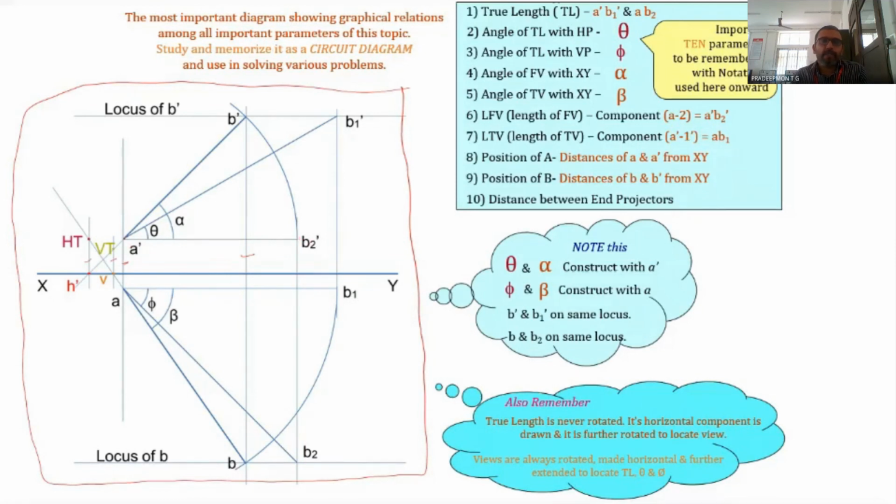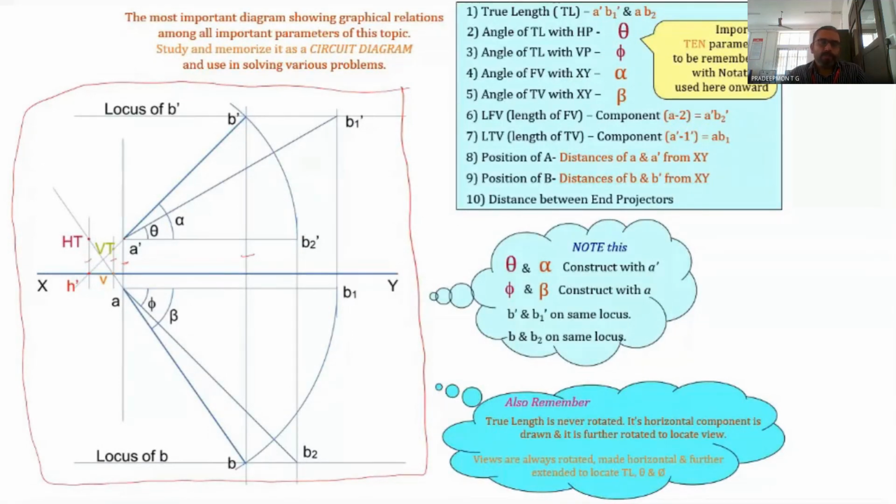In case of the front view, A dash B1 dash, we are finding out the horizontal component of that A dash B1 dash, that is AB. So that way we are finding out only the horizontal component of the true length, and it is never rotated. Only the views are always rotated, and they are made horizontal and further extended to locate theta and phi. The true length is also found out.